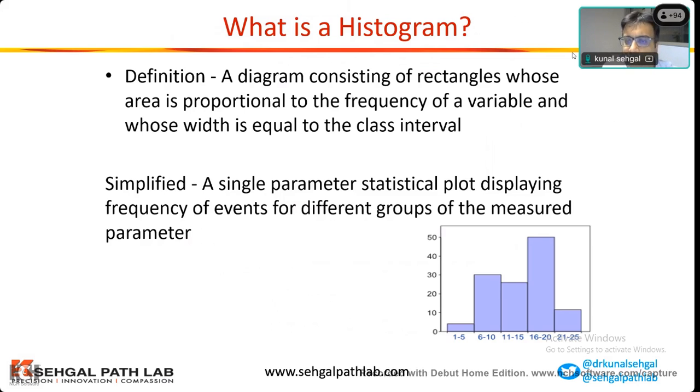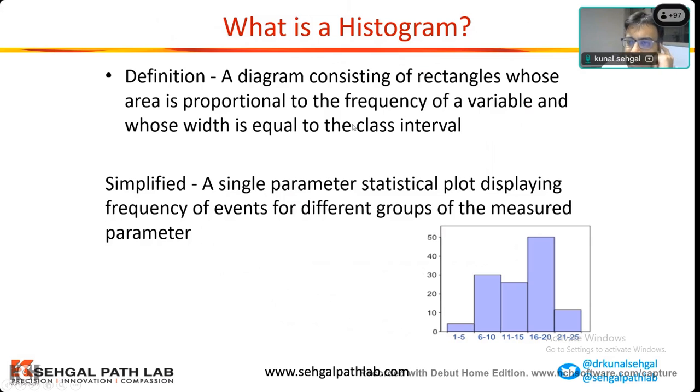If this chart on the bottom right was the age groups of different people going to an ice cream parlor, so 1 to 5 years, 6 to 10 years, 11 to 15 years, 16 to 20 years, 21 to 25 years, for example, the y-axis of a histogram is always number or count, and the x-axis the basket.